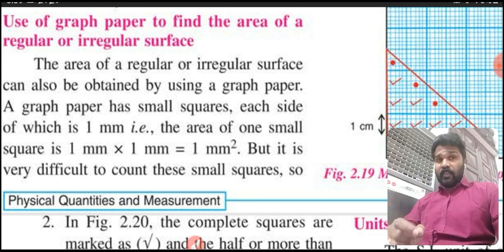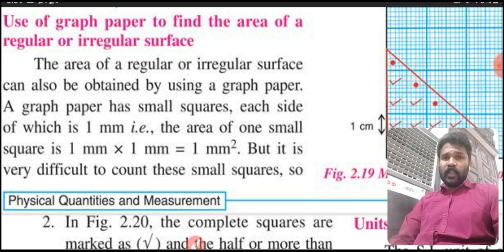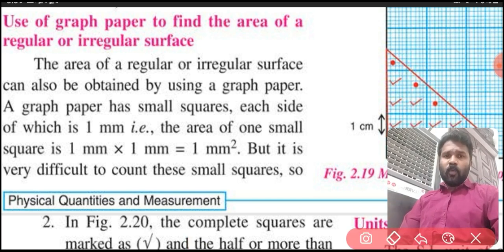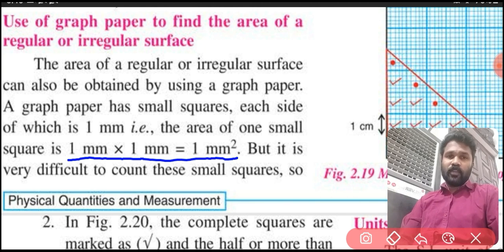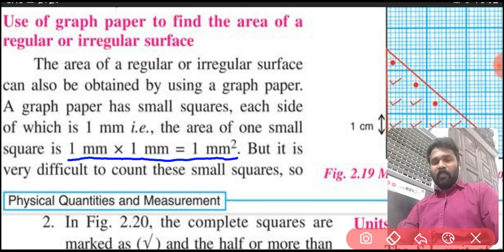That is, the area of one small square is 1 millimeter into 1 millimeter, which is equal to 1 millimeter square.